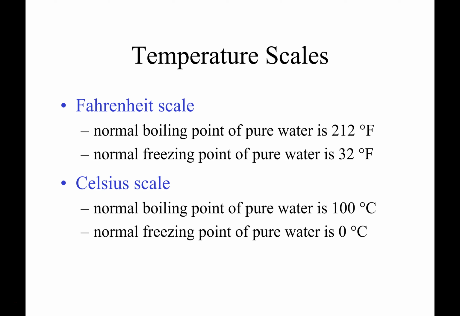Versus on the Celsius scale, they have more coarse units. Water freezes at 0 Celsius and it boils or condenses at 100 degrees Celsius. This is under normal atmospheric pressure, because the boiling point temperature is a bit of a moving target. So 180 units versus 100 units.